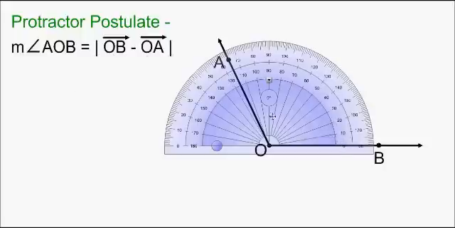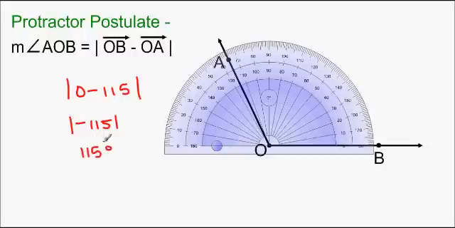So I could say OB is 0 minus OA is located at 115. So the absolute value of that, I have the absolute value of negative 115, which is 115 degrees. Okay. That was using the inside.